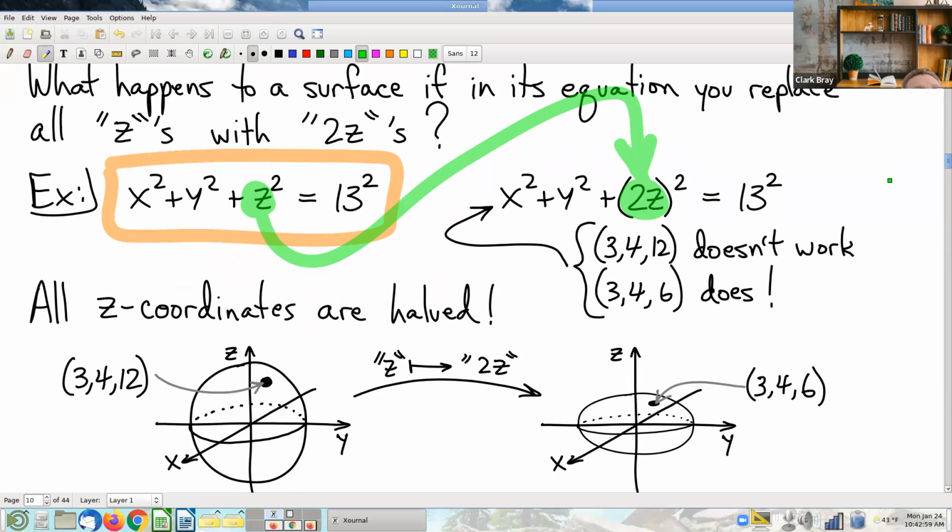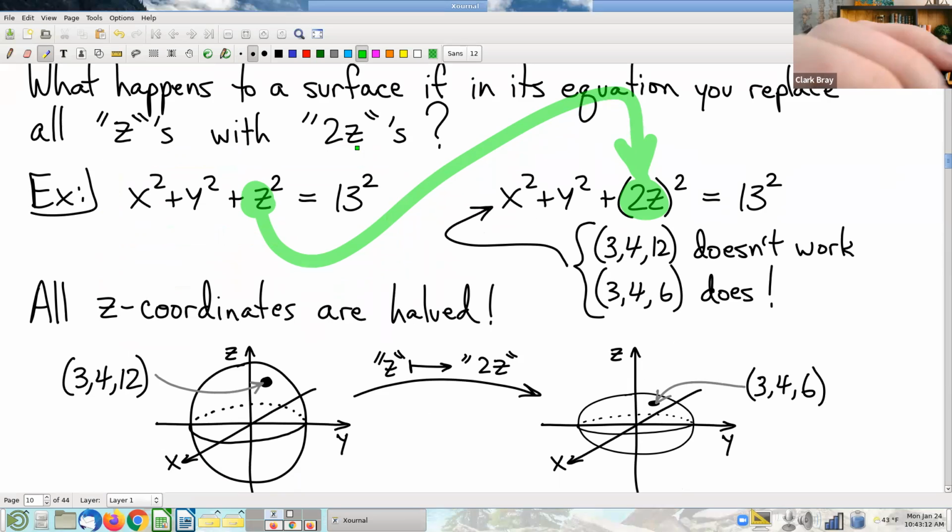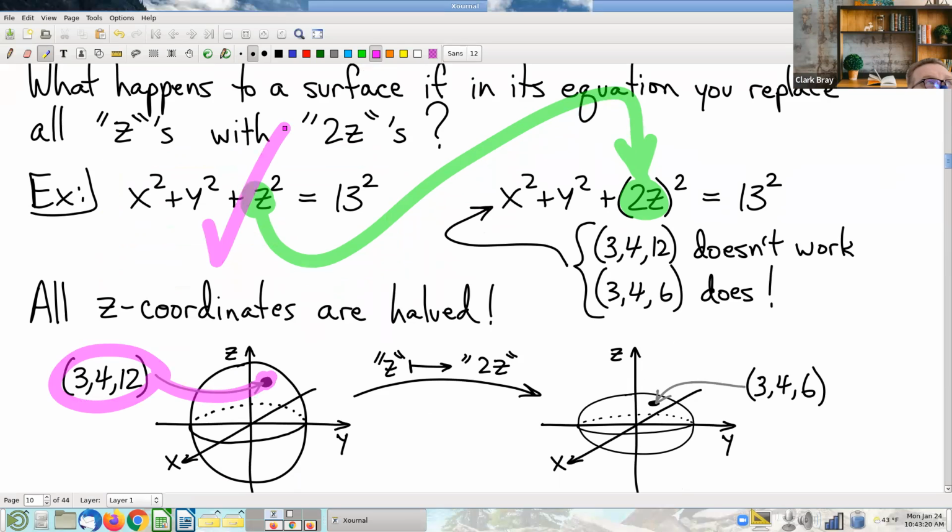It's going to have a different surface. What's the relationship, though, between these surfaces? Let me think through the example of a particular point. Let's think through this point right there, which has coordinates 3, 4, 12, and it's not hard to check that it satisfies that equation. Plug in the numbers, and it works.